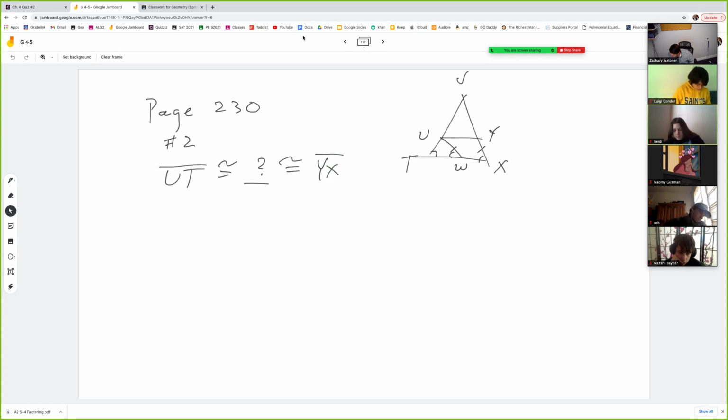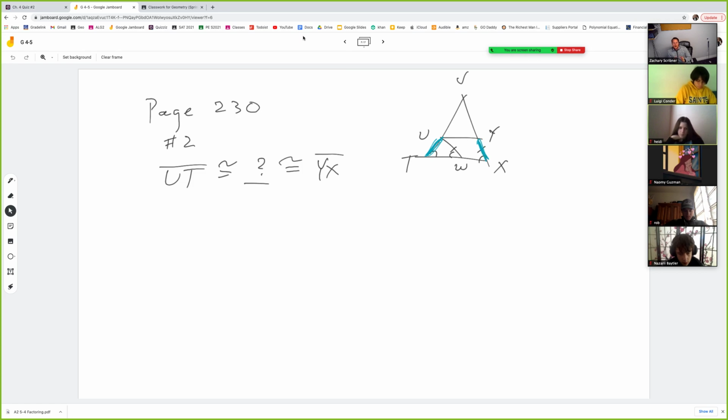Okay? So we're saying that UT here, let's just color, it says that this UT is congruent to a unknown, which is also congruent to YX.